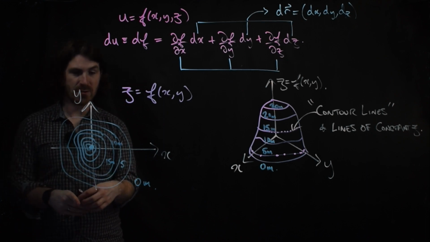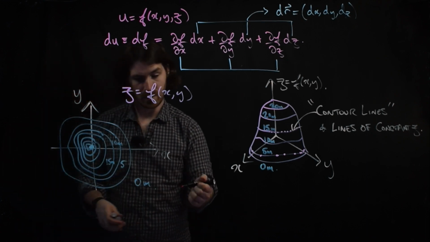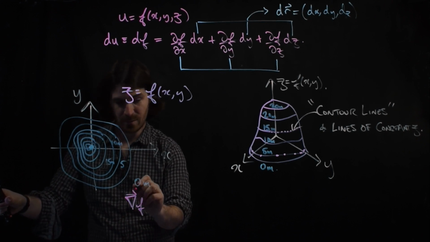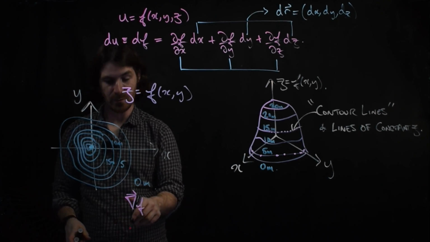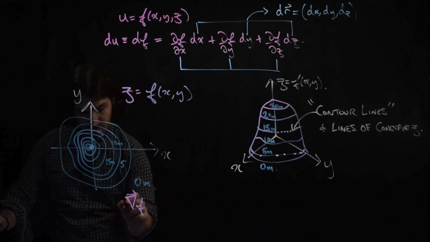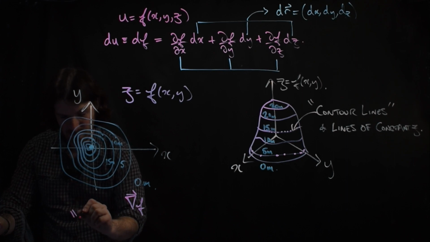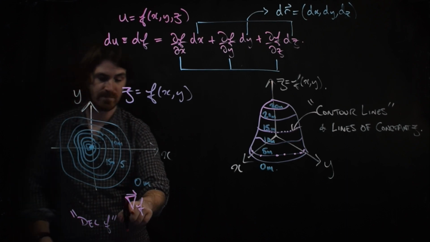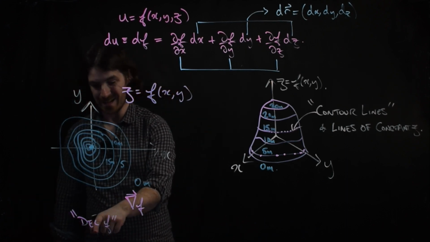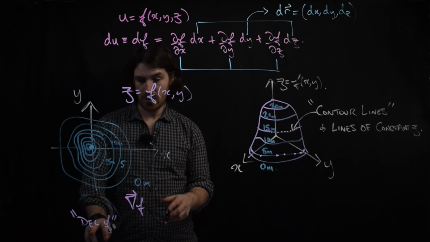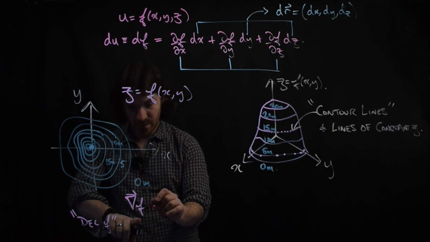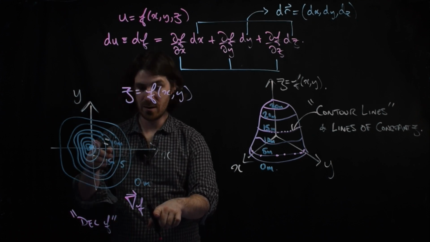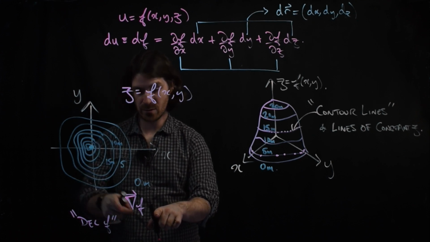So, what is this gradient vector? We said that the gradient of f, or grad f, or sometimes called del f (some people call this symbol the del symbol), is a vector in the direction in which the function has its greatest rate of change.